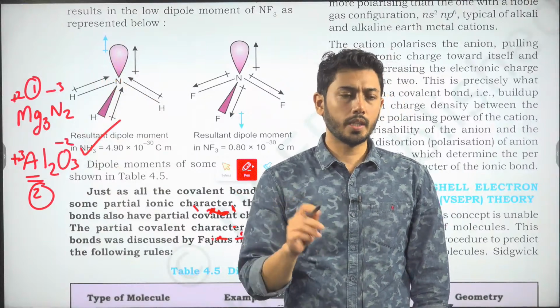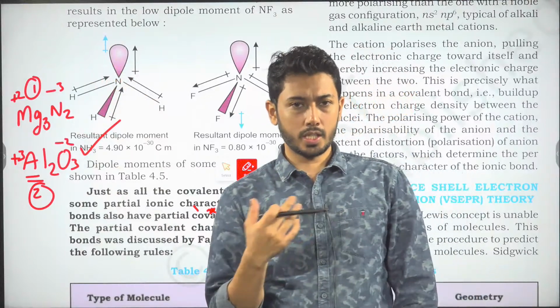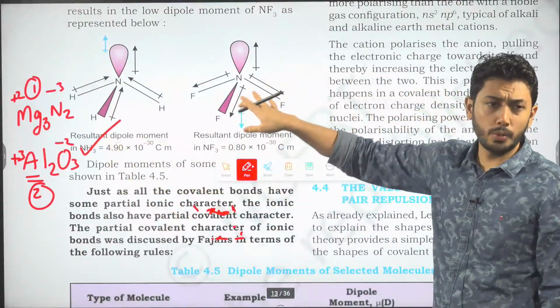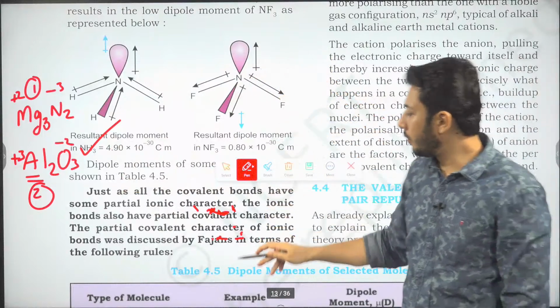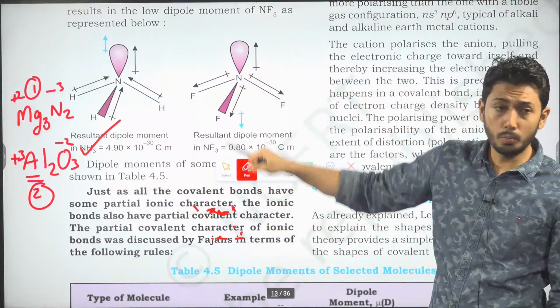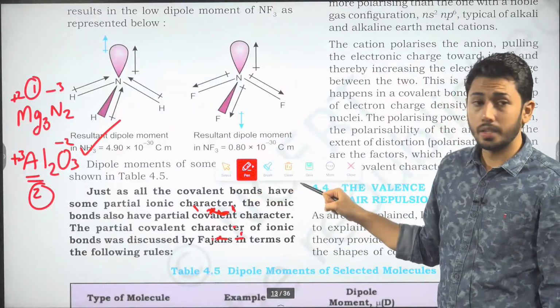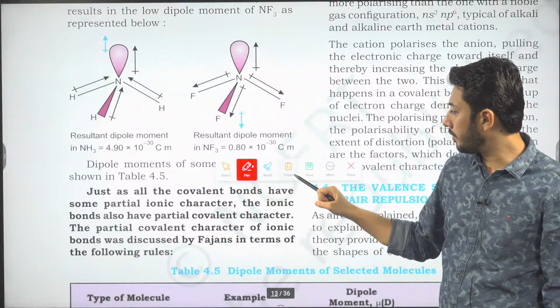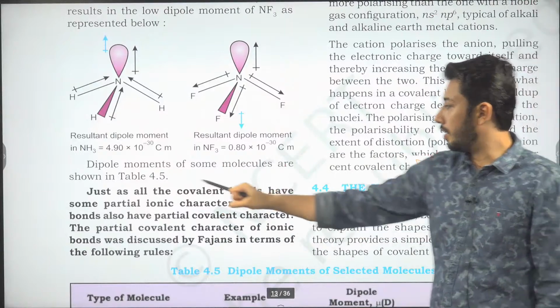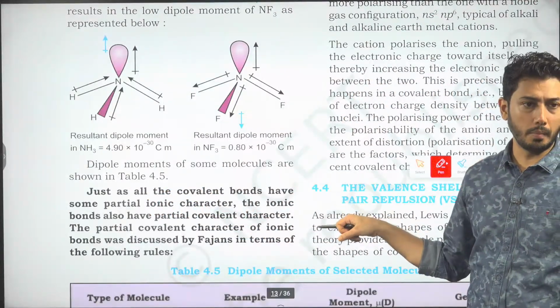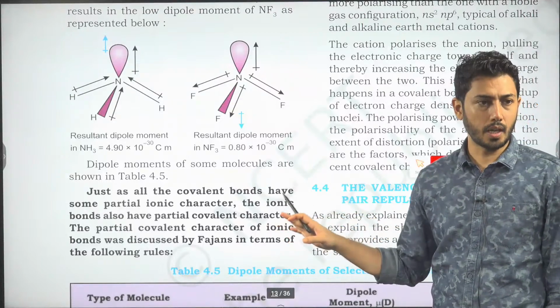Got it? Now we will start with the next part, page number 112 in this book. If you have another book, you can check the dipole moment part at the end, table 4.5. Above that, this portion is given, which starts with the covalent bonds. This portion you can mark for today, that you will read after the class also.